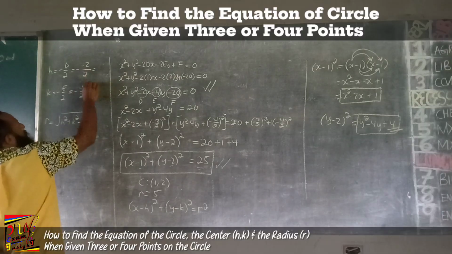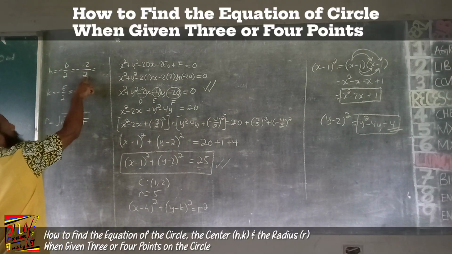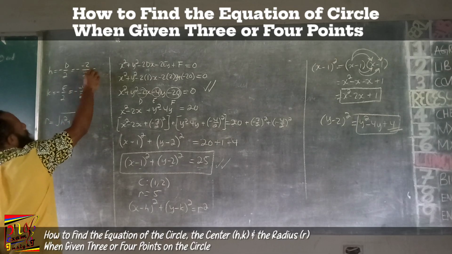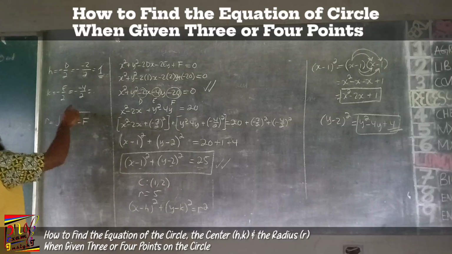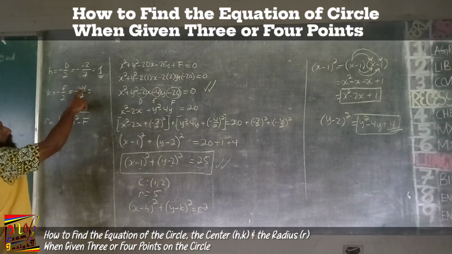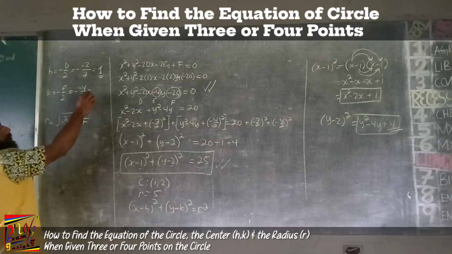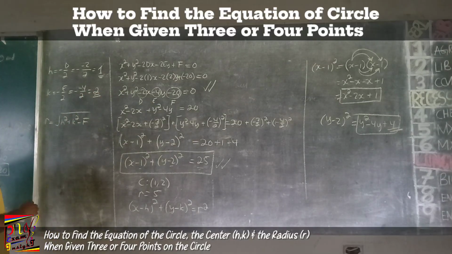Let's solve for these two first. Minus, plus, positive 2 divided by 2 is 1. So our h is 1. Okay, let's move on to k. Minus gives us positive, so 4 divided by 2 is 2. That's our h and k.